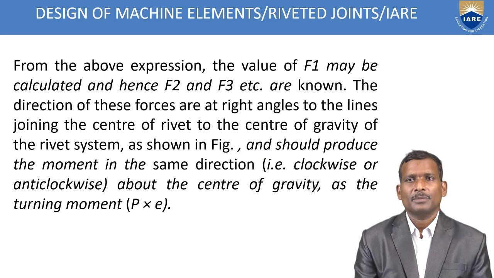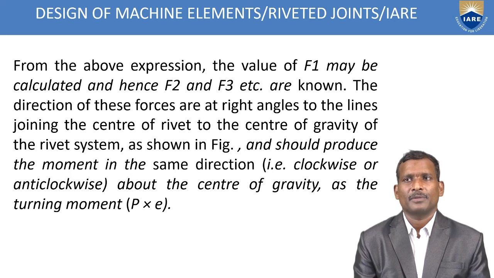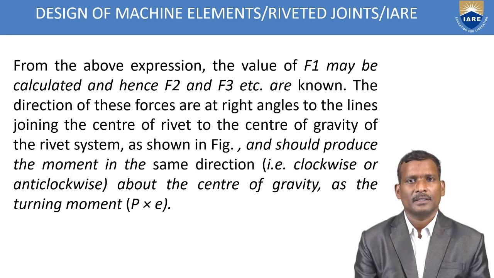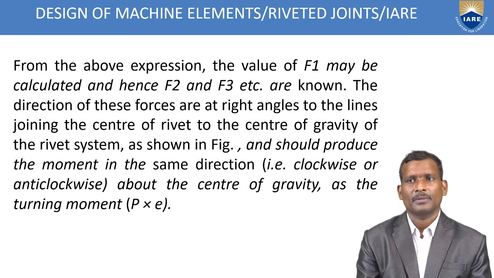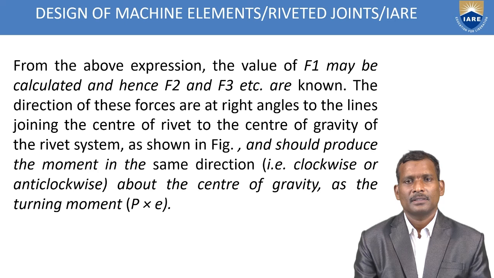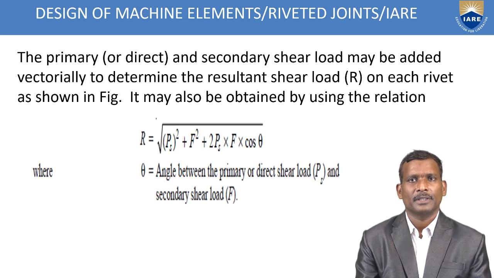Clear? So now from the above expression, the value of F1 may be calculated and hence F2 and F3 etc. are also known. The directions of these forces are at right angles to the lines joining the center of the rivet to the center of gravity of the rivet system, as shown in the figure, in clockwise or anti-clockwise direction about the center of gravity. So it gives the turning moment P into E.